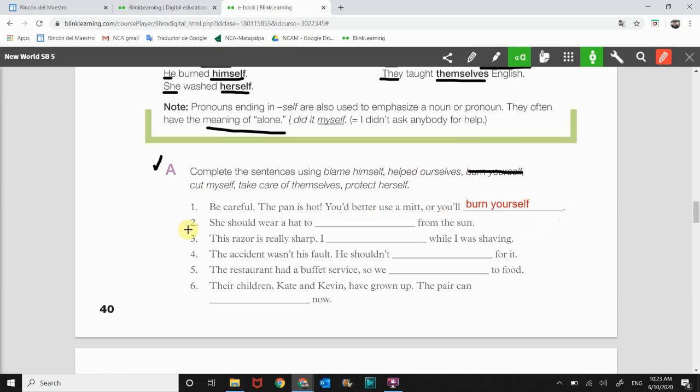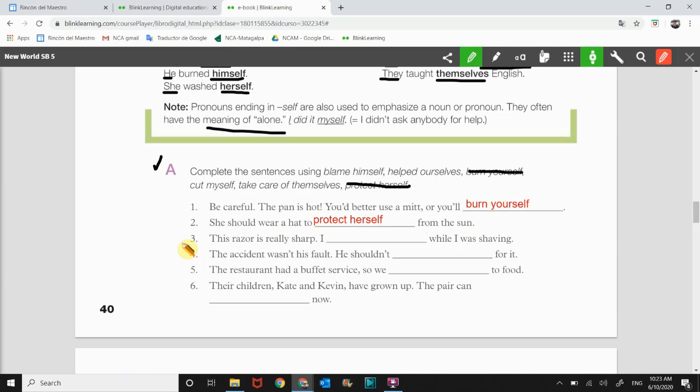All right. Number 2, she should wear a hat to blank from the sun. She should wear a hat, so which one of these is she? Himself, ourselves, myself, themselves, herself. All right. She had better wear a hat to protect herself from the sun.